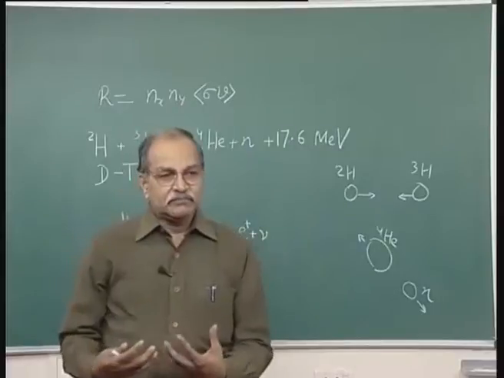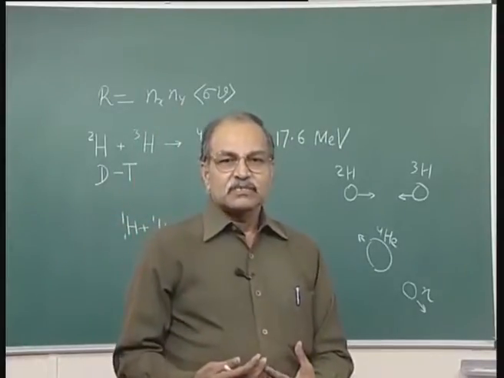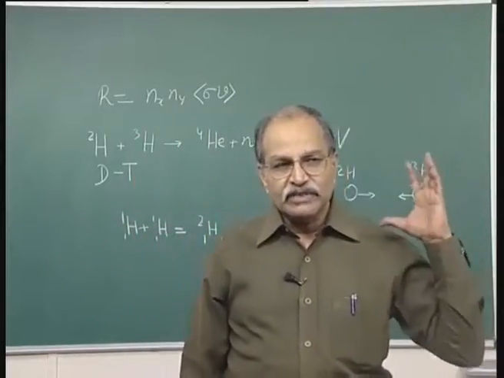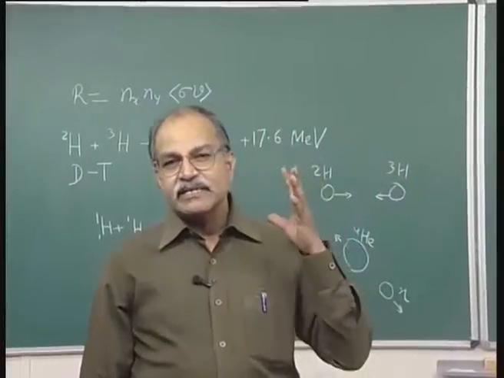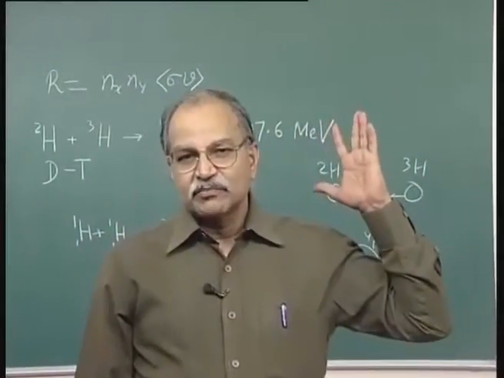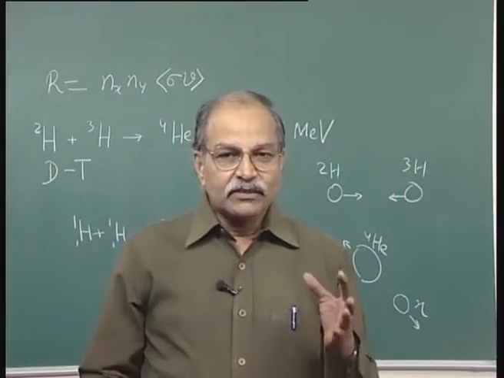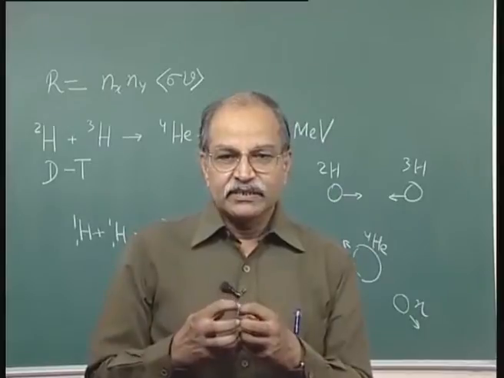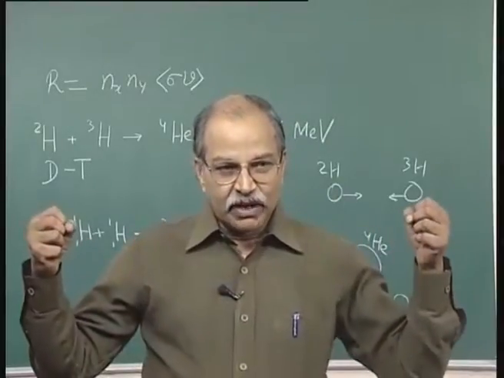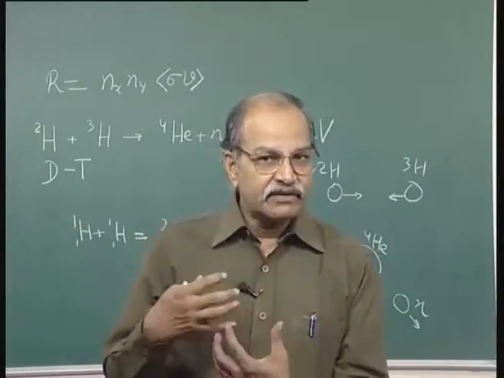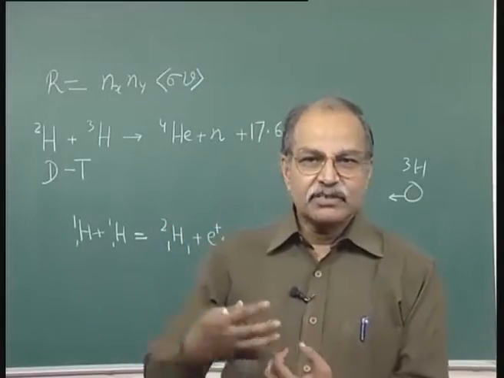Now, the main problem is that to do all these things, the temperature needed will be somewhere around 10 to the power 8 Kelvin. At those temperatures, in the plasma you also have electrons, remember. So, you have electrons and the nuclei.